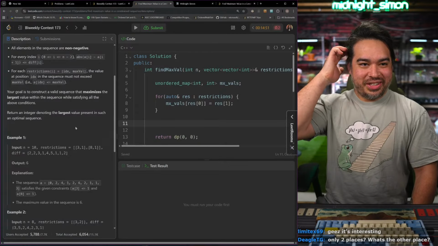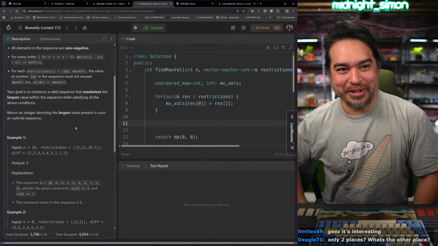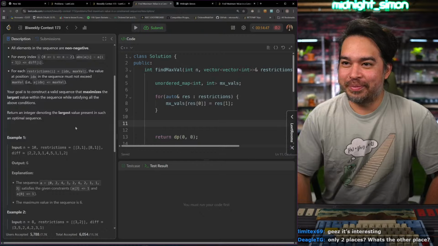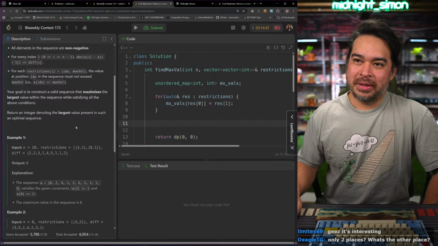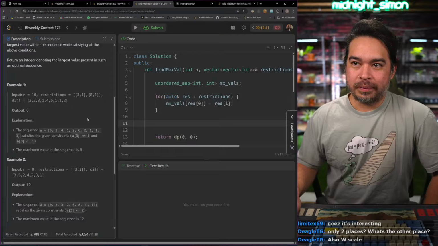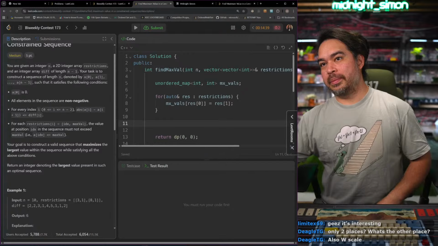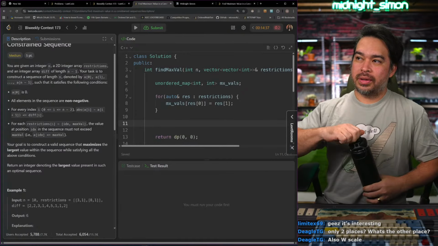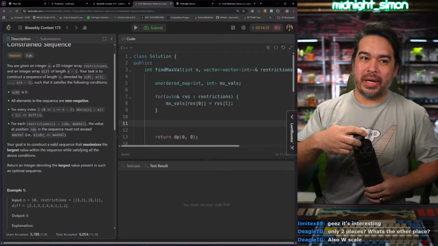Only 2 places? What's the other place? I don't know. Facebook, Microsoft. Only like 3 places. It's not many.